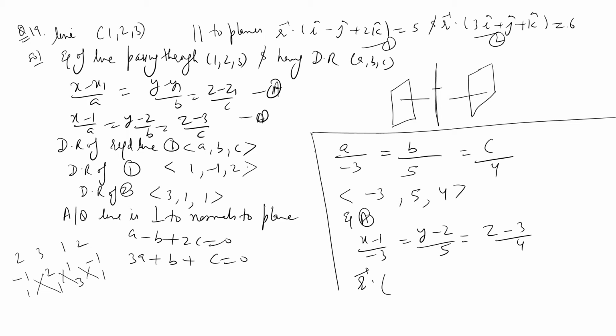The line is passing through this point, so it will be i plus 2j plus 3k. This is r vector equal to a plus lambda b, and b here is the vector with direction ratios, so this is minus 3i plus 5j plus 4k, which is the required equation of line.